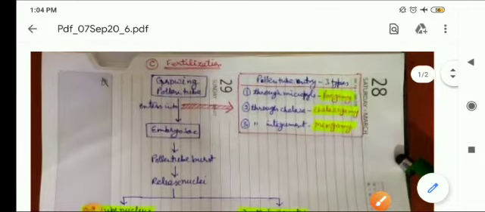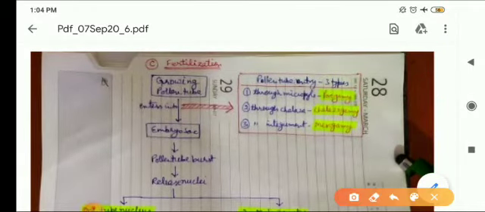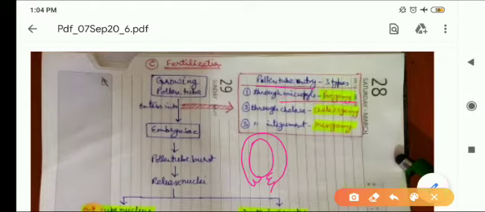Slightly we see here the pollen tube entry, the place through which the pollen tube enters. This is the embryo sac. When the pollen tube enters through the micropyle, it is called porogamy, P-O-R-O-G-A-M-Y.